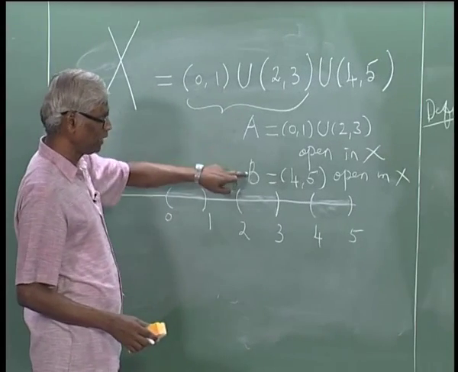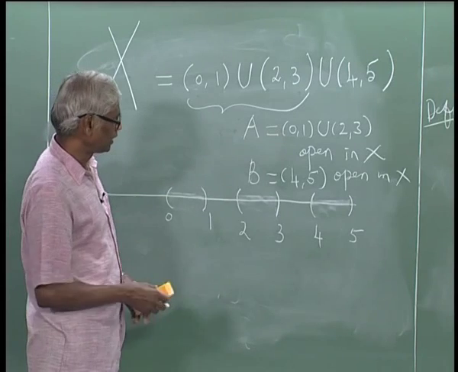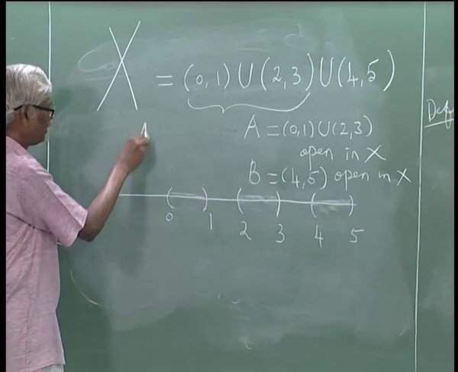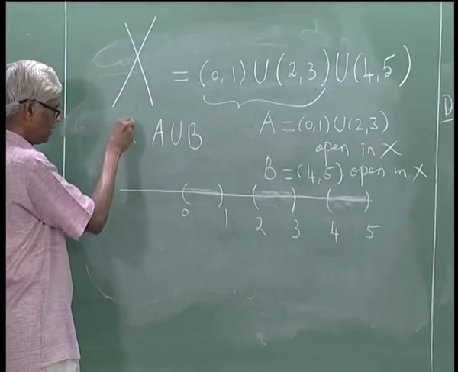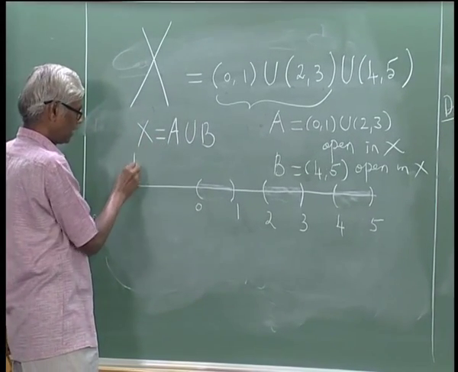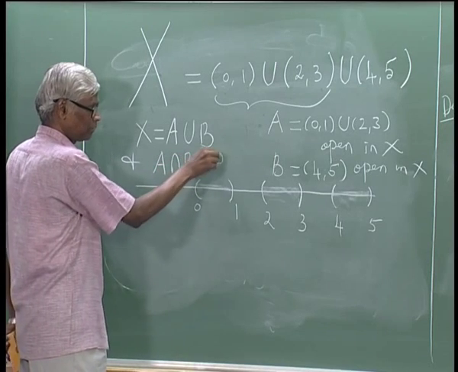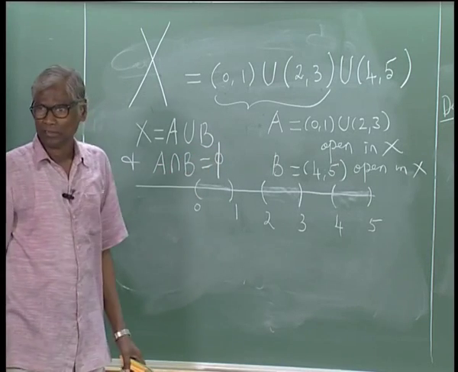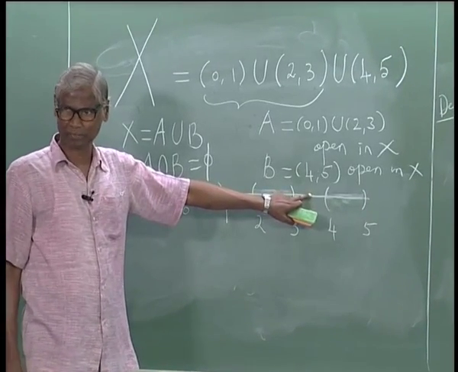So A and B are non-empty open sets, X equals A union B, and they are disjoint, A intersection B is empty. So X is disconnected, not a connected space.